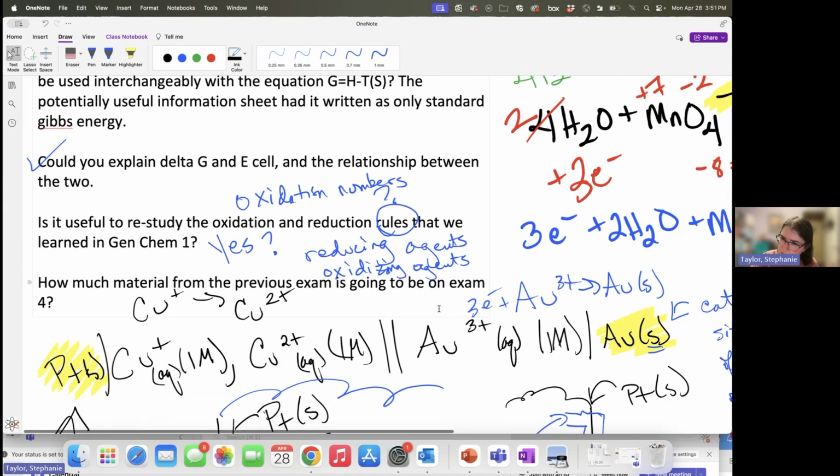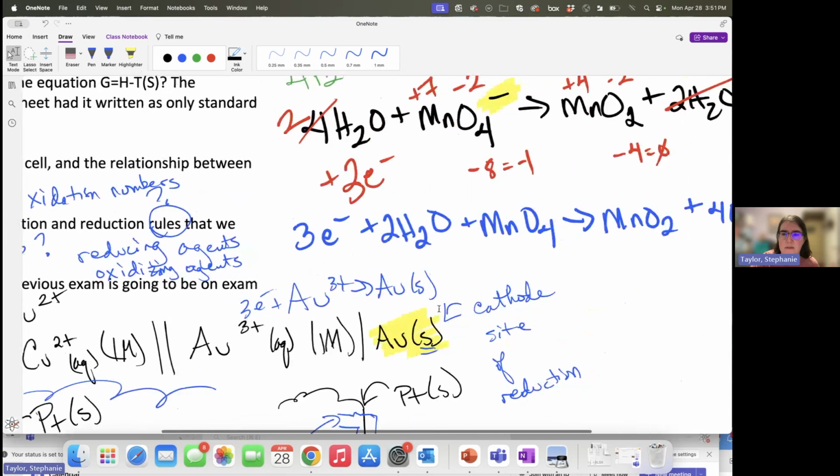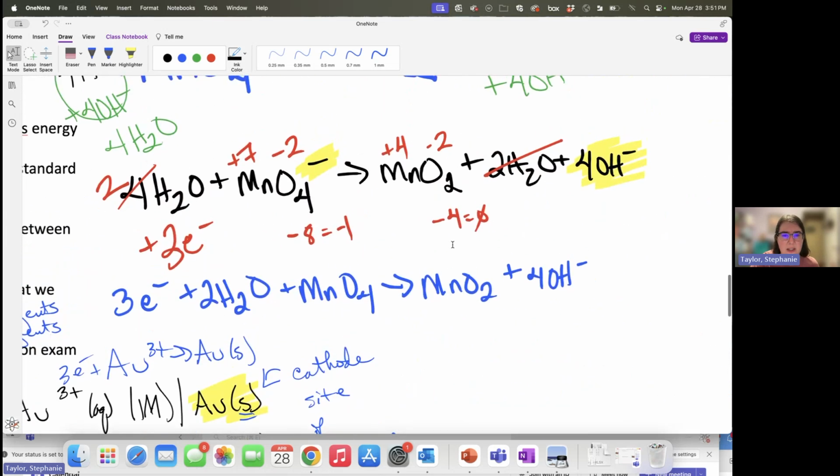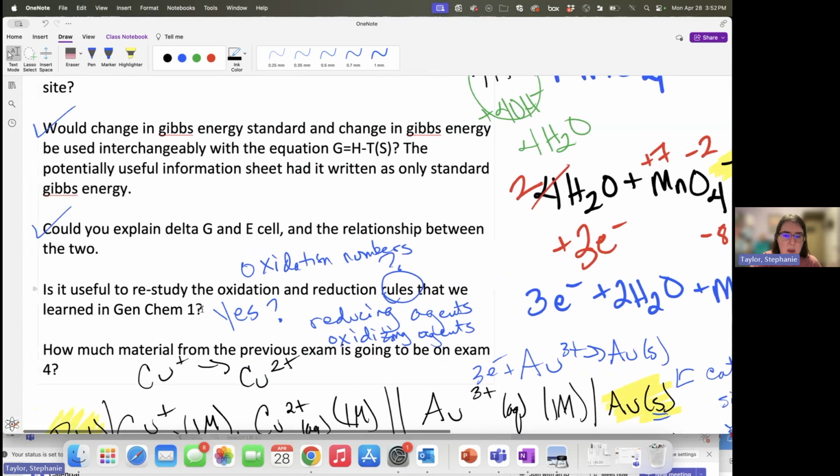So oxidation numbers I actually did a little bit of when we were talking about balancing. So this -2 above my oxygen, this -7 above my manganese, the -2 above the oxygen here, the +4 above the manganese. Those are all oxidation numbers. And that's what I use to figure out how many electrons are being transferred in this half reaction. So that's where those came from.